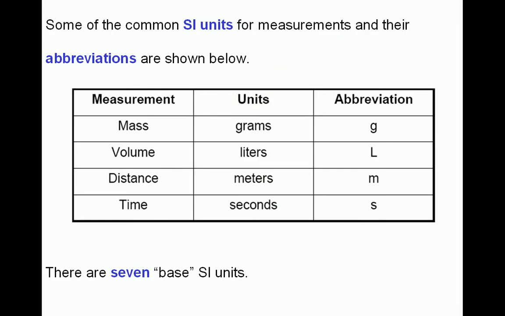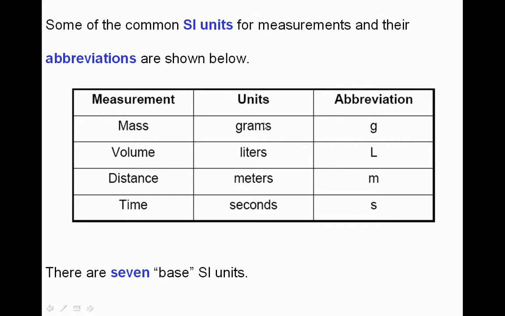Some of the common SI units that we'll use in chemistry are shown below. There are 7 base units in the SI system. We won't use all of them in this class. Some of them deal with things like luminosity and other measurements that we're not particularly interested in. So mass, commonly measured in grams in the lab, has the symbol lowercase g.